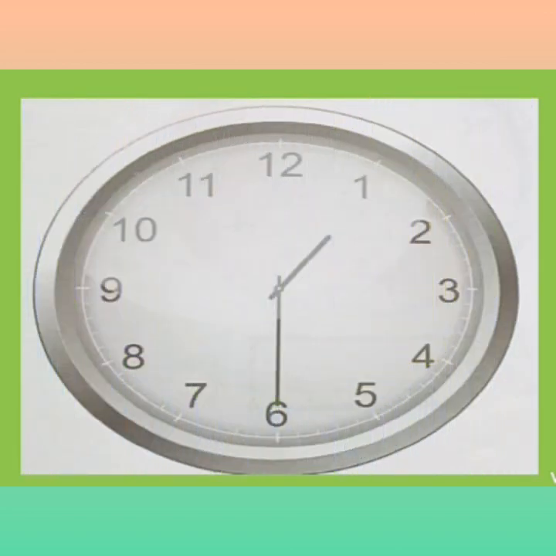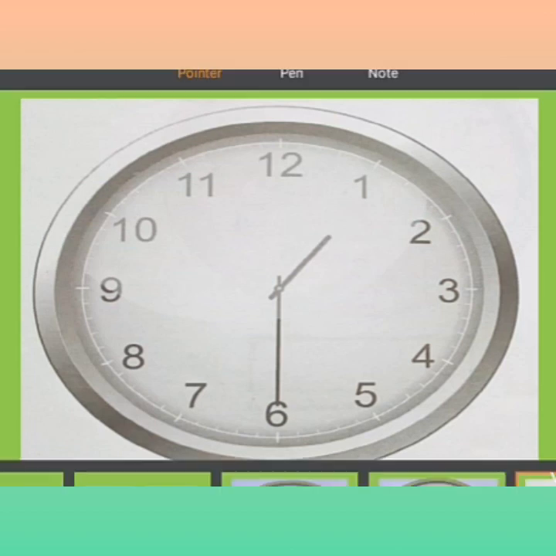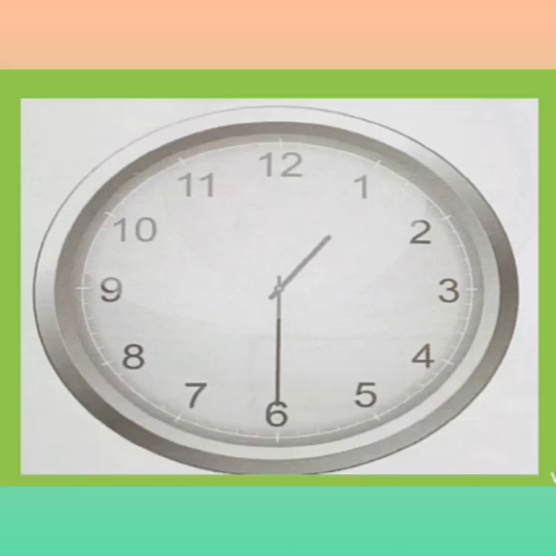What is the time? The time is 1:30. How do you know the time is 1:30? Because the space between 12 and 1 contains 5 minutes. The space between 1 and 2 contains 5 minutes.